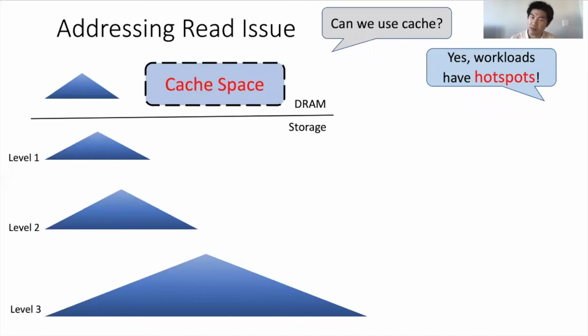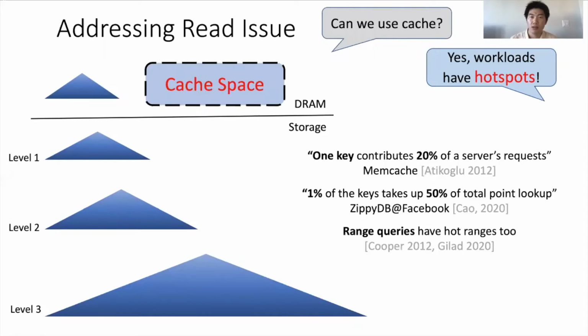The answer is yes. This is because the key-value workload has a hotspot. There are many reports of this hotspot phenomenon in key-value workloads. For example, in Memcached, one key can contribute 20% of the server's requests.